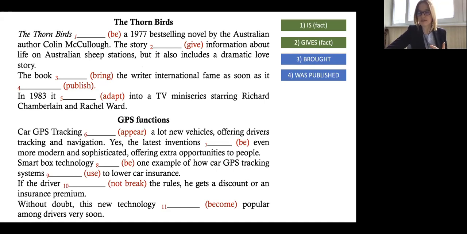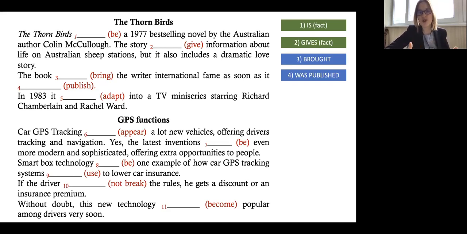What do you think? Date. It is directly connected with the event that took place in the past.